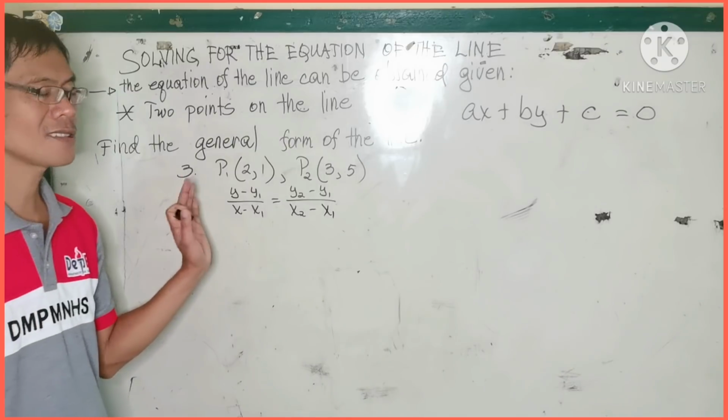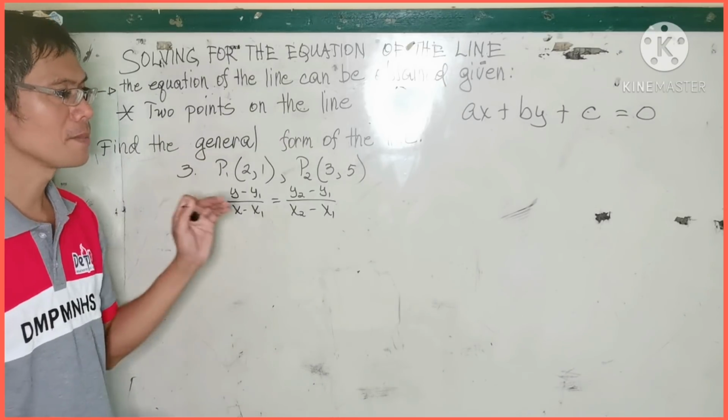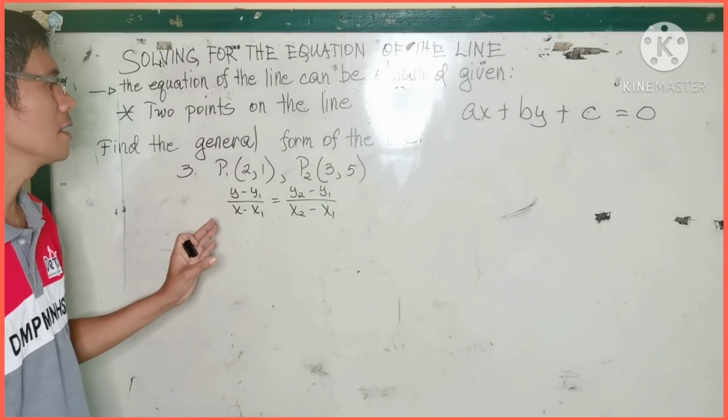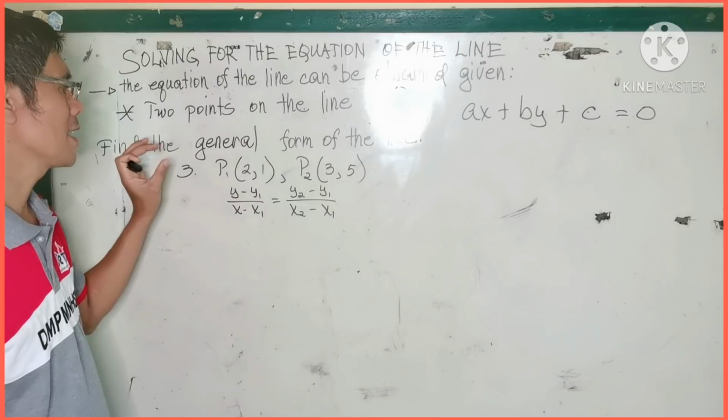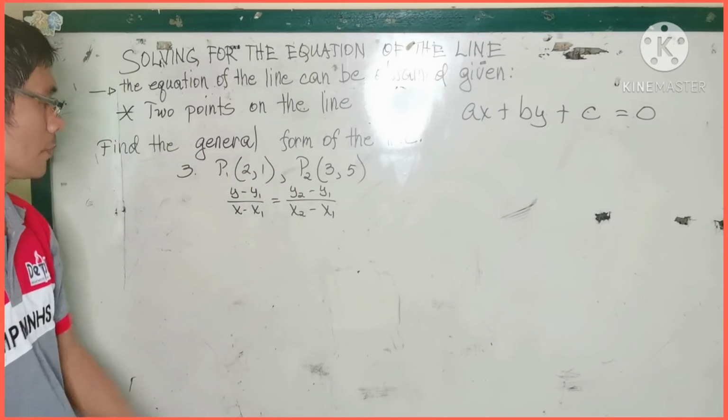So that is, this is the 2-point form of the line. So, ngayon, gagamitin natin ito para ma-obtain yung equation ng line natin passing through 2, 1, and 3, 5.